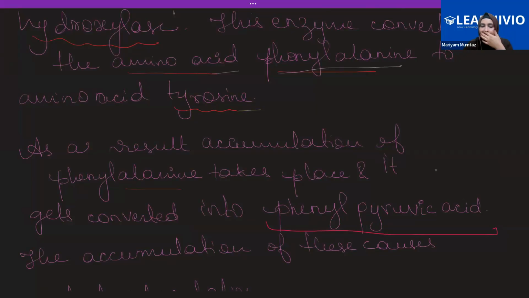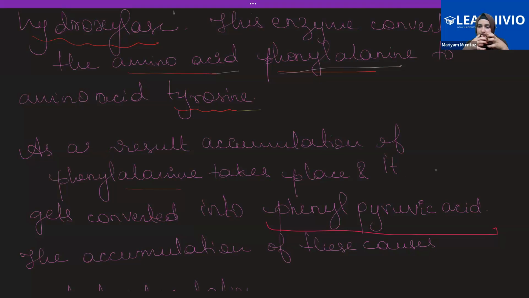Okay. Now, if this enzyme is not present, it means that the phenylalanine will not get converted into tyrosine, isn't it? So, as a result, the accumulation of phenylalanine starts to take place. Once the phenylalanine gets accumulated a lot, it gets converted into phenylpyruvic acid.